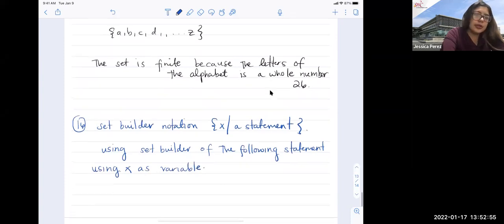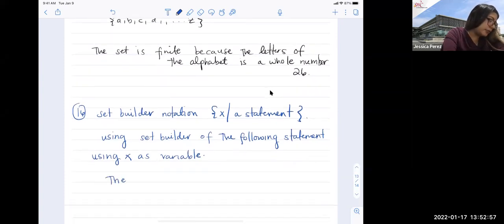And the statement is the set of all odd numbers.